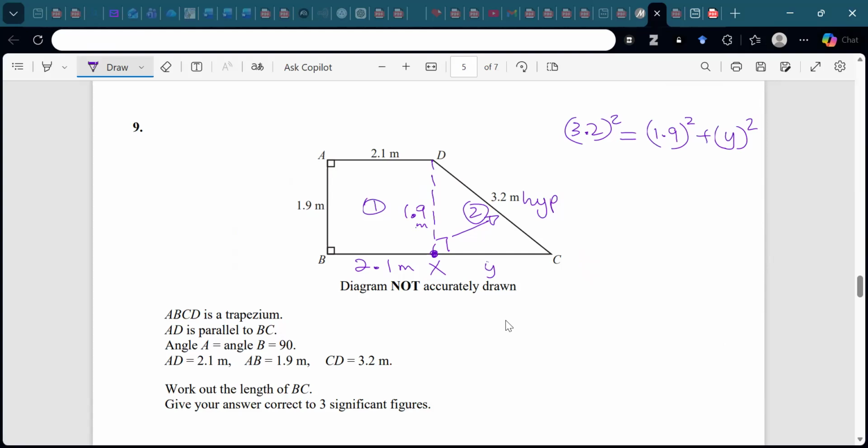All right. 3.2 squared is going to give us 10.24. 1.9 squared, that's going to give us 3.61. And then we get y squared. I'm solving for y squared, or the length XC.